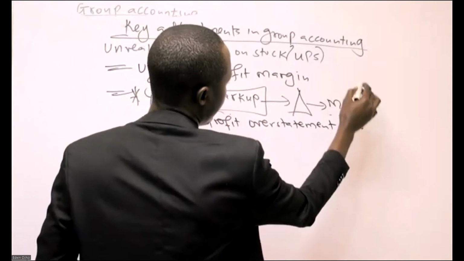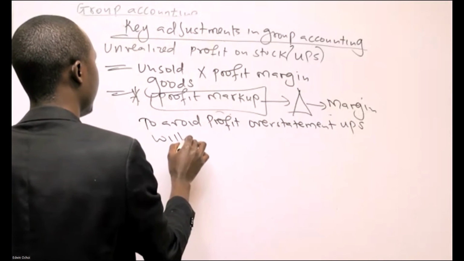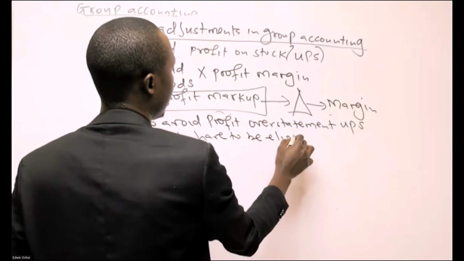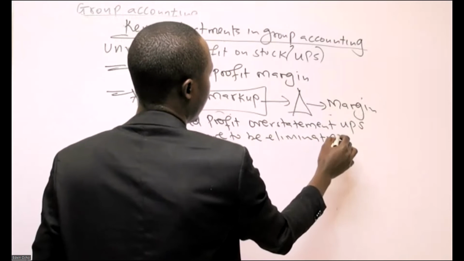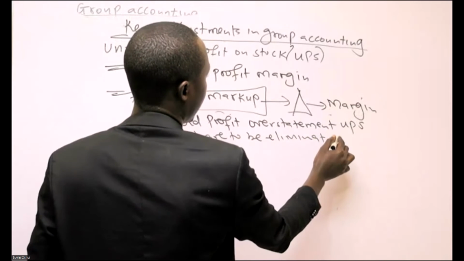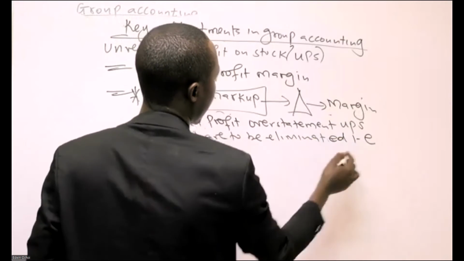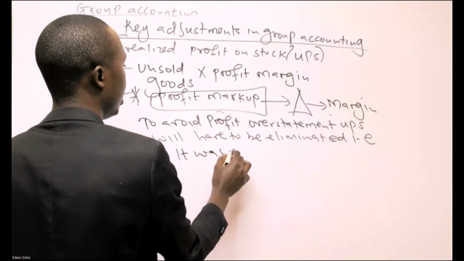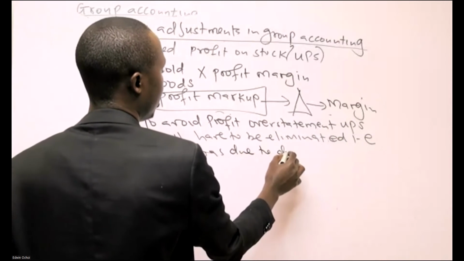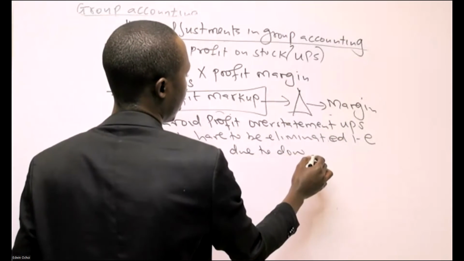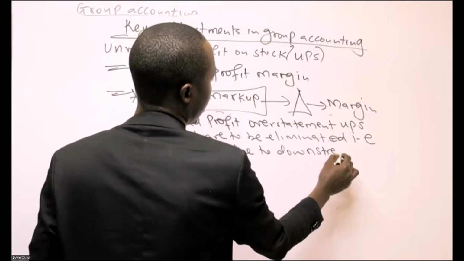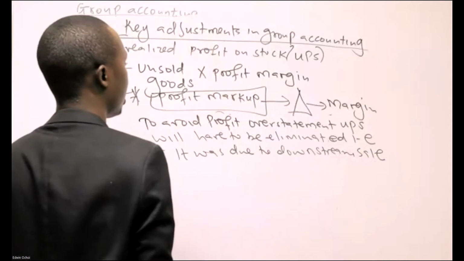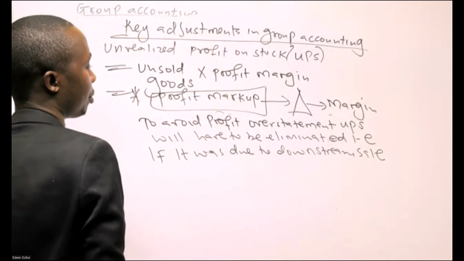UPS will have to be eliminated. That is, if it was due to downstream sale, what are you supposed to do?